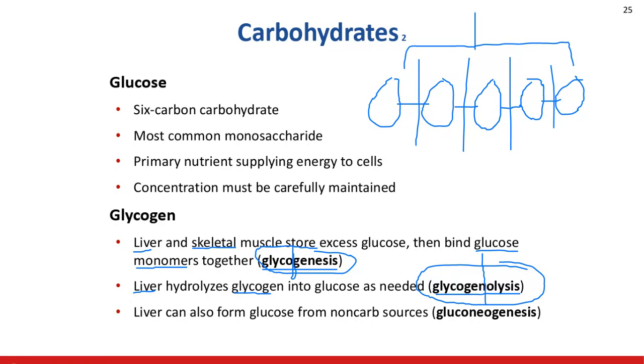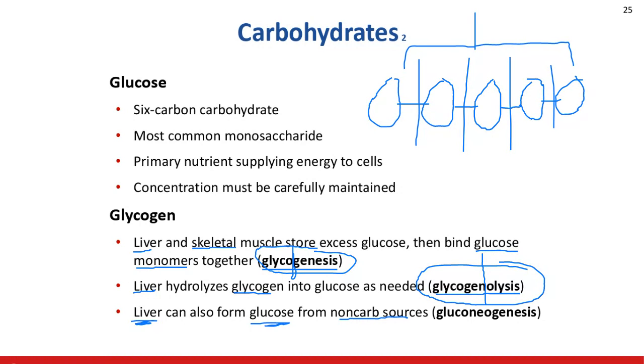But now let's just say I was irresponsible and I didn't make enough glycogen. No problem. The liver can make glucose from non-carbohydrate sources. What does that mean? I can make glucose from fatty acids. I can make glucose from proteins.